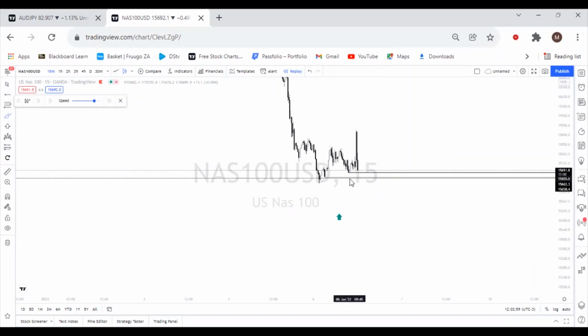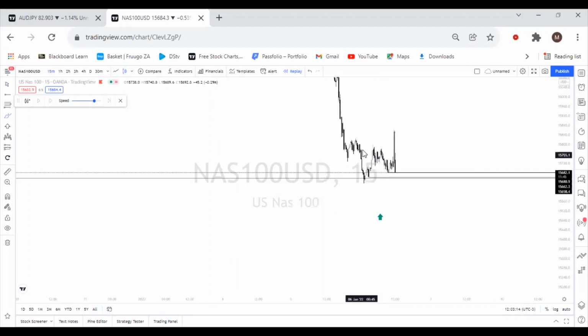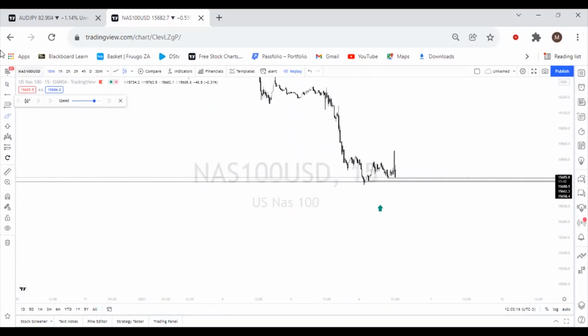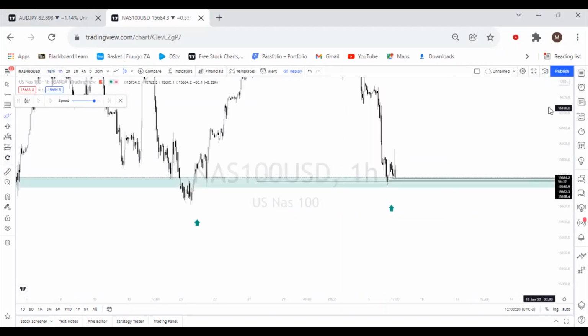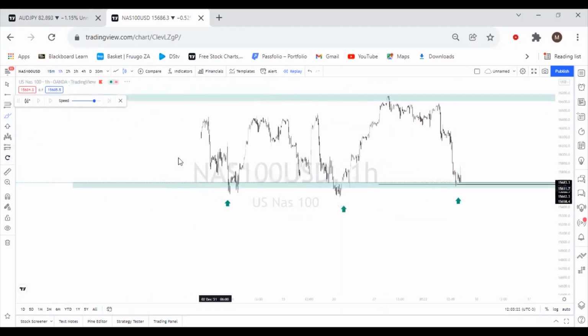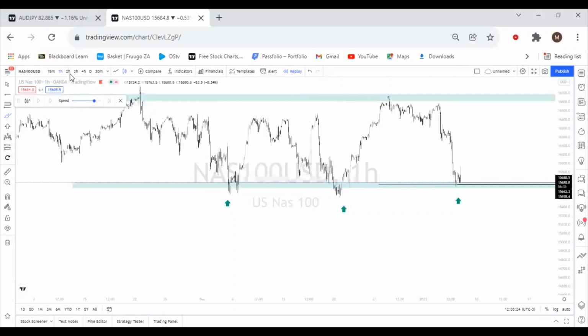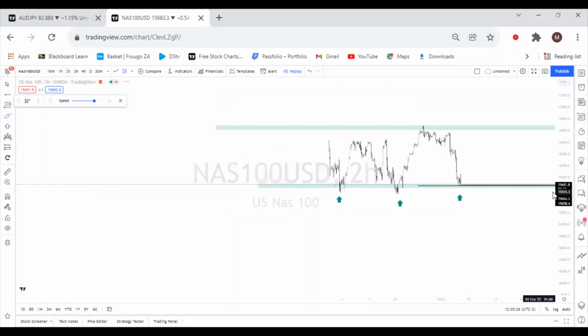But then these are my setups for the rest of the week, until next week, because it's already Thursday. So okay, let me just scale up to the 1 hour time frame, so you guys can take screenshots of the setup.